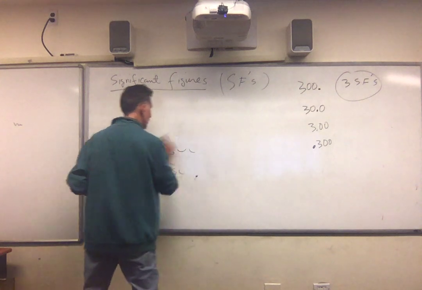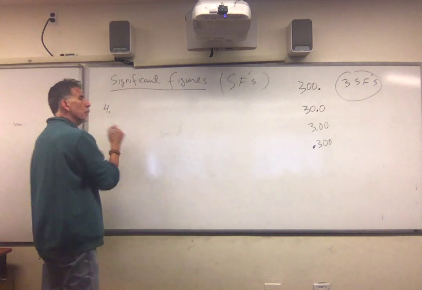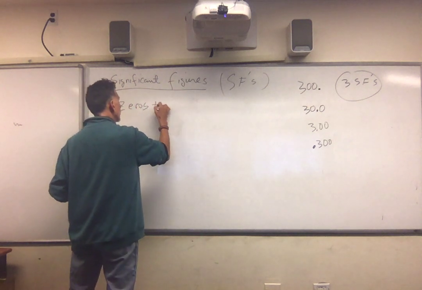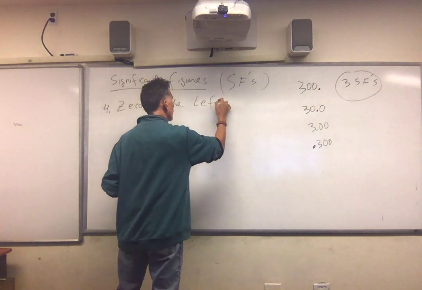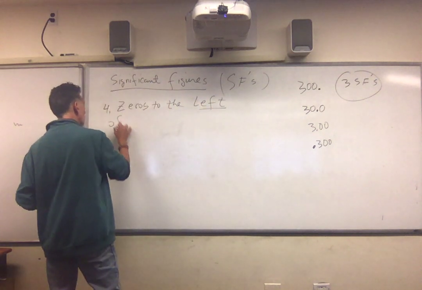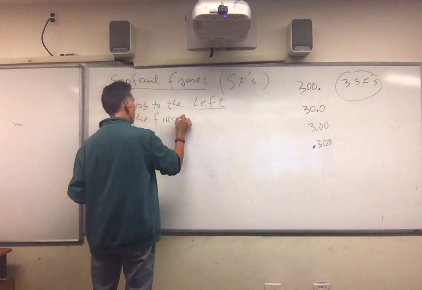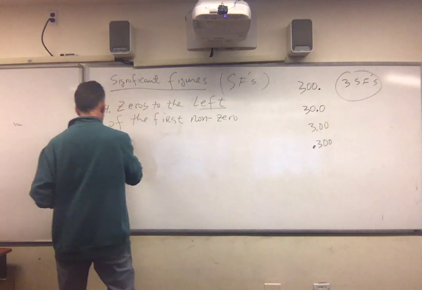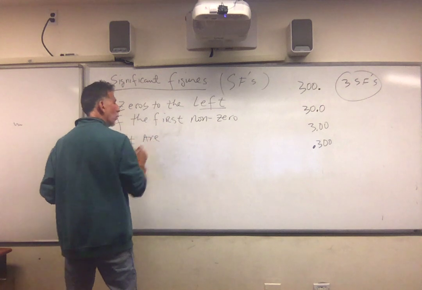Finally, rule number 4, finally zeros to the left of the first non-zero digit are, what do you think?